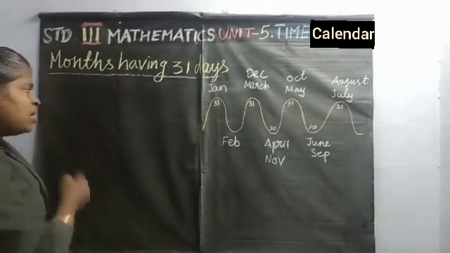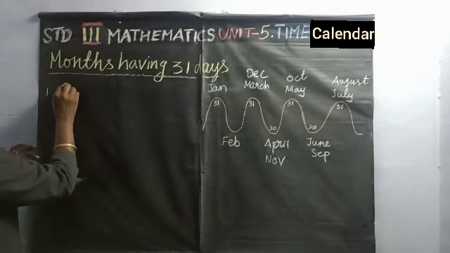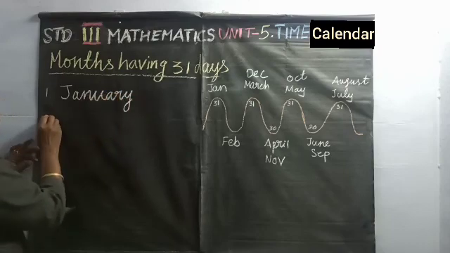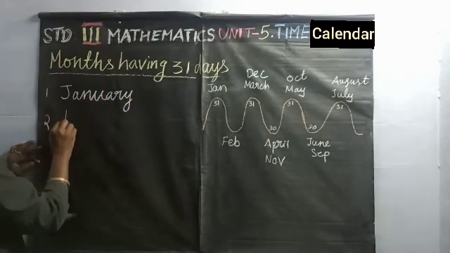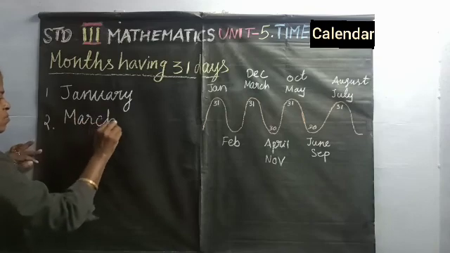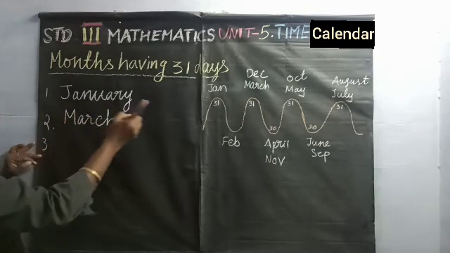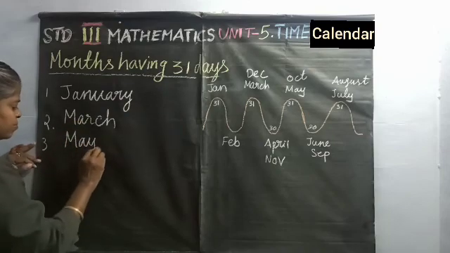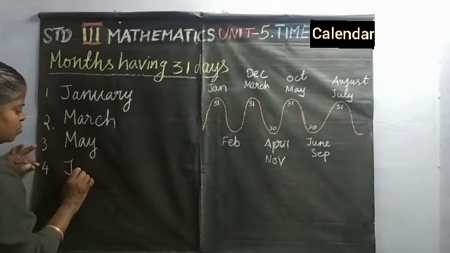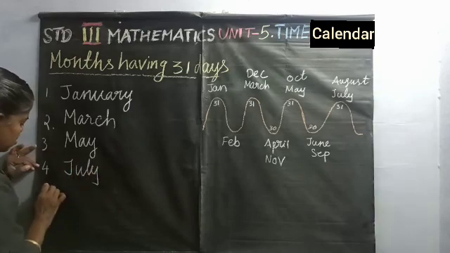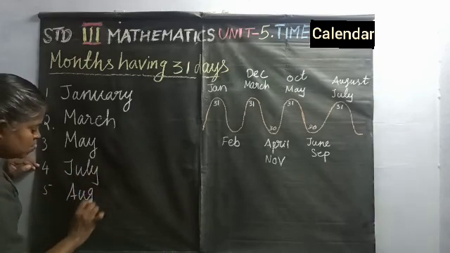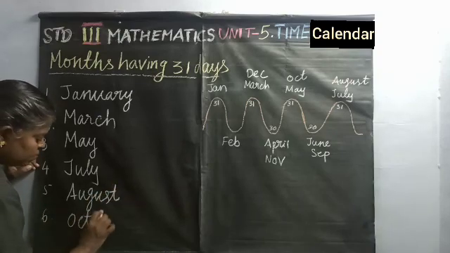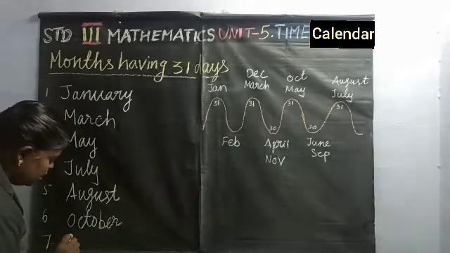January has 31 days. So first one January. Second one March. Third, which month? May. July, August, October and December.